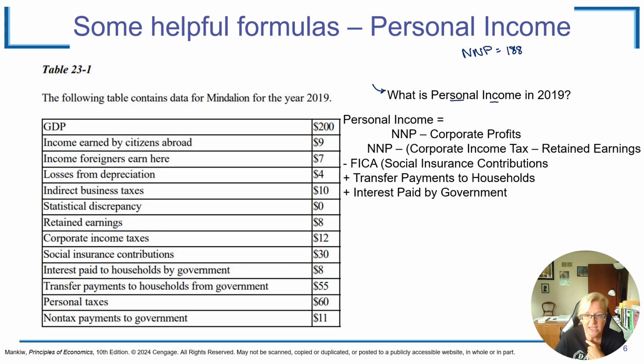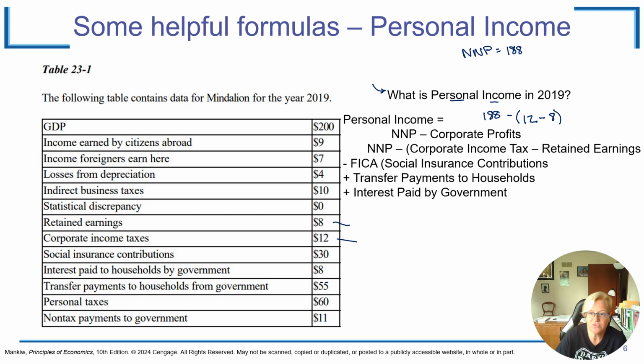So I'm going to take my net national product minus corporate profits. Now how do I figure out corporate profits? I'm taking my net national product of 188 minus corporate income taxes. It tells us right here corporate income taxes are 12. I'm going to subtract retained earnings, which is 8.